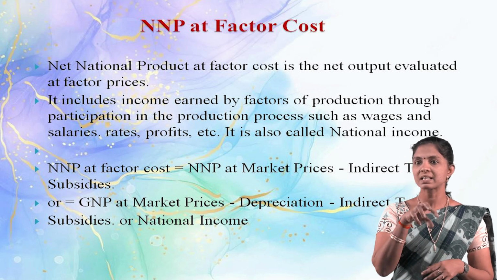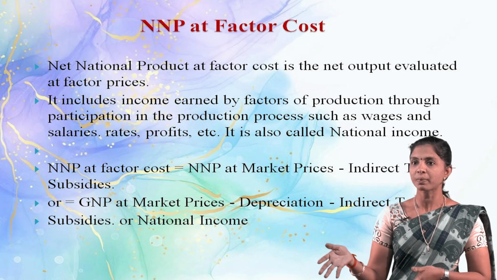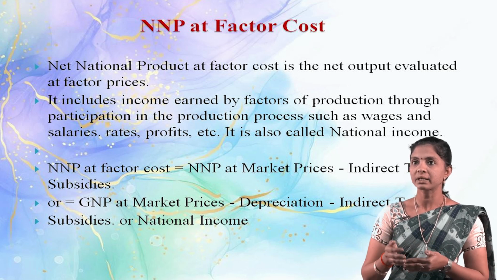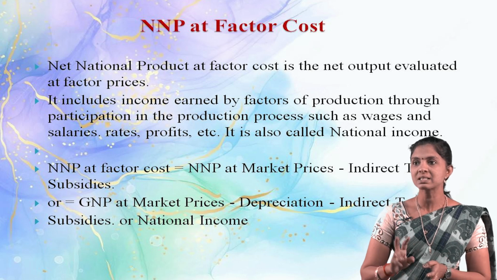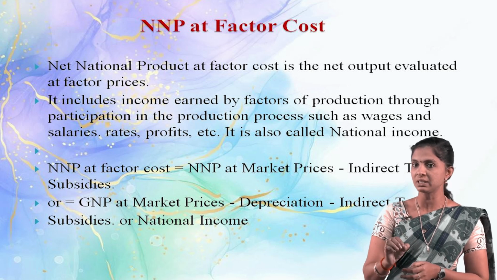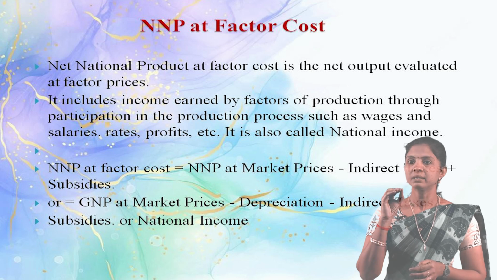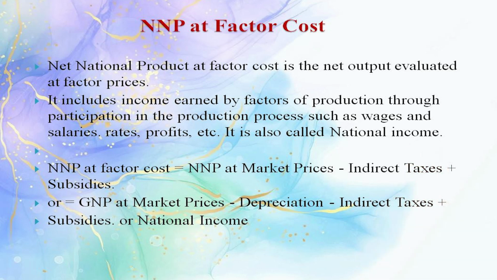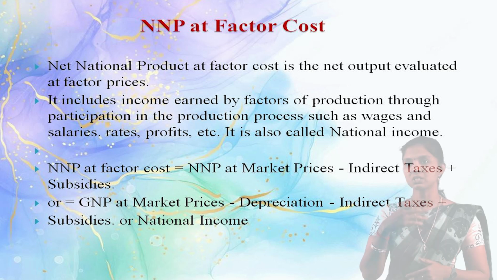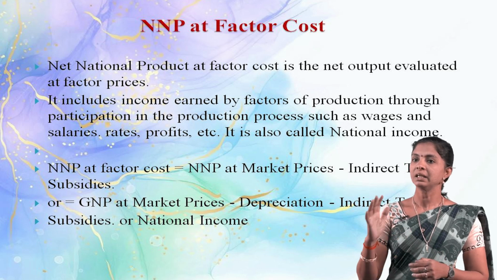So, what is net national product at factor price? It is net national product at market price minus indirect taxes plus subsidies. Then GDP at market price minus depreciation minus indirect taxes plus subsidies. So, it is also called national income.